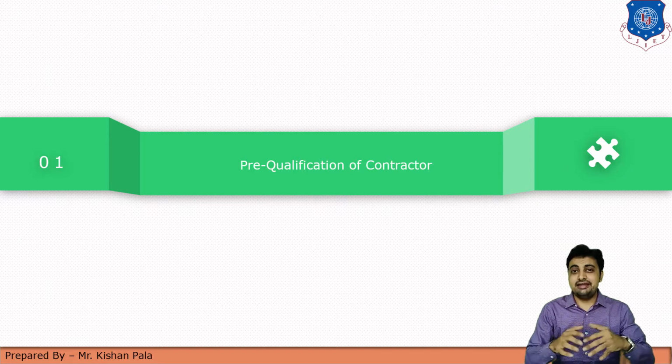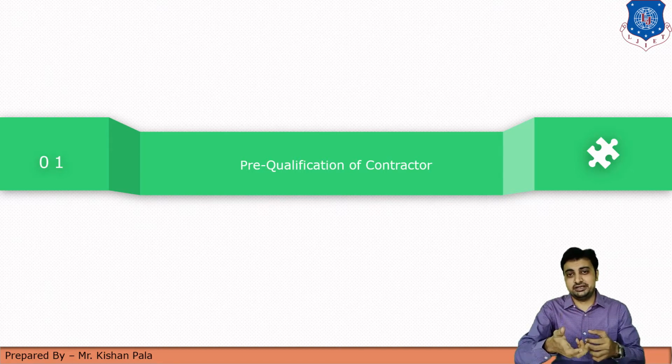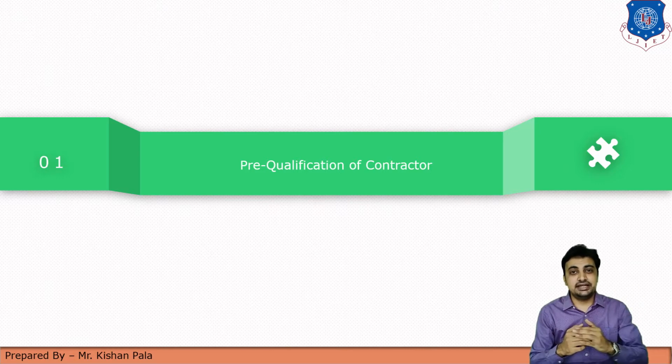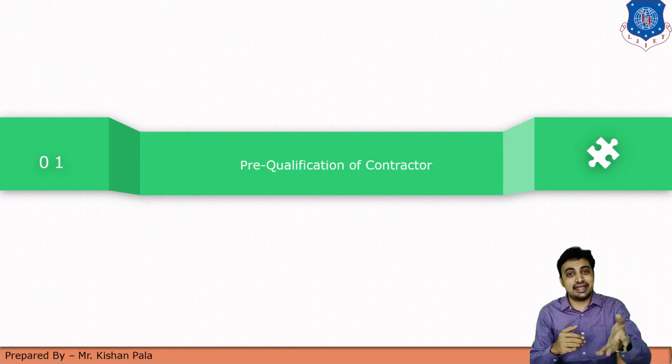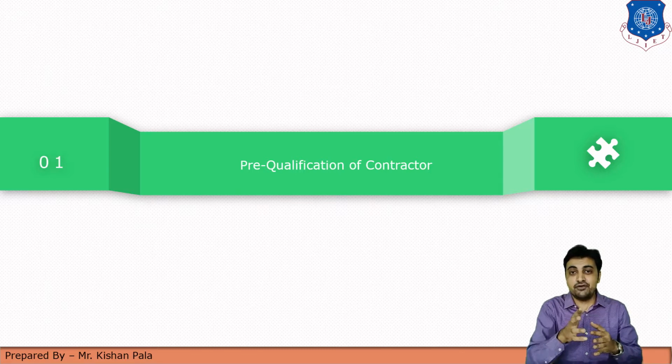The owner and client ask for some brief information about the contractors: about the financial capacity, about the facilities they have, and about the resources like material and technical staff deployed in their firm.